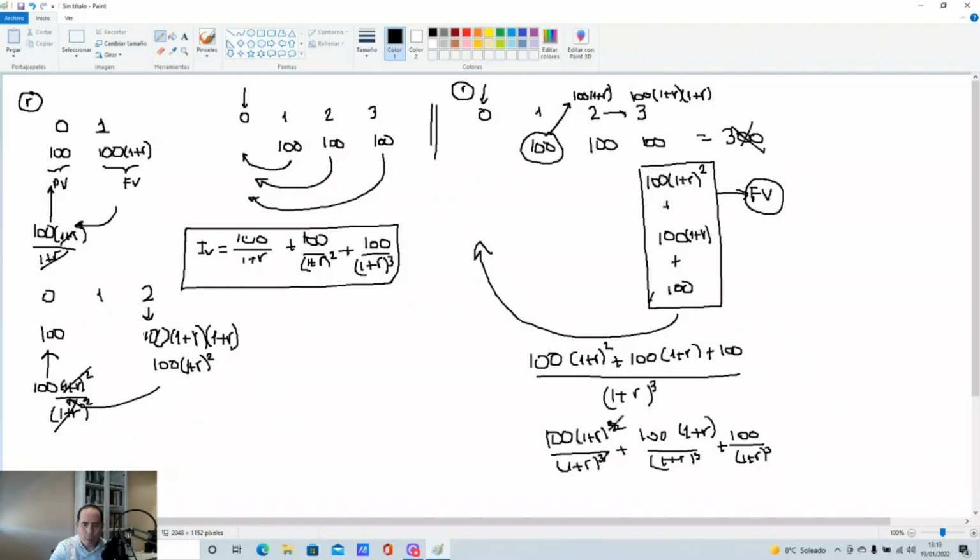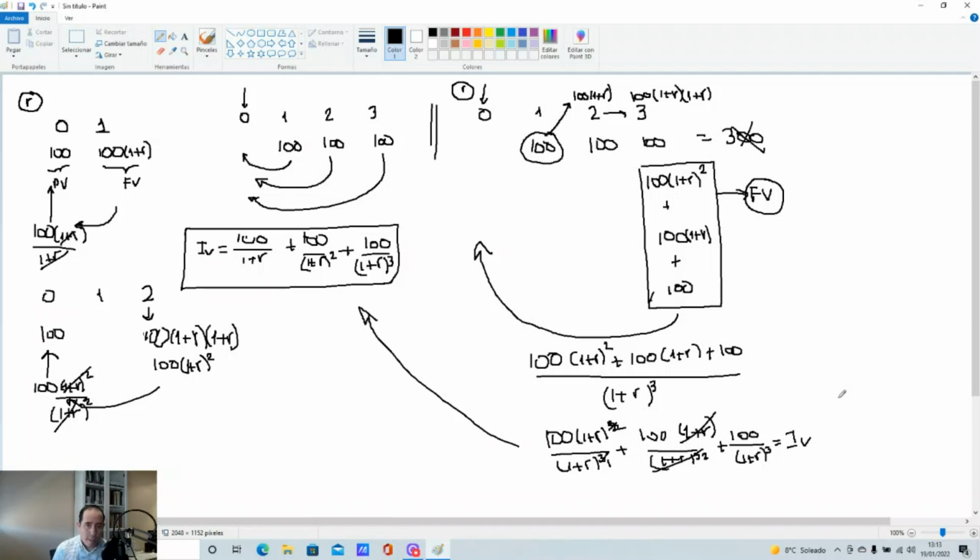You have 1 here, you have 2 here, and you have the same formula here. This is intrinsic value. So you can get an idea of what is the main idea behind these calculations of the present value.